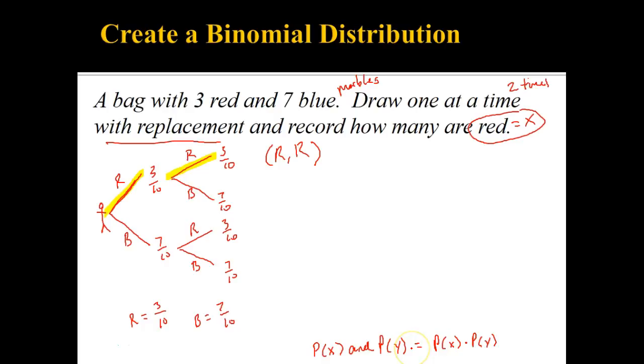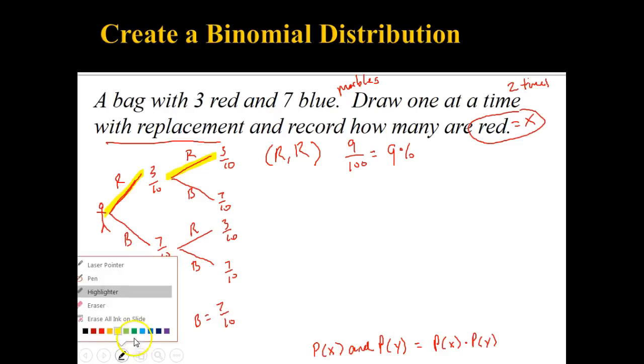Because the probability of drawing a red the first time and drawing a red the second time is the probability of each multiplied together. So 3/10 times 3/10, which is 9/100, or 9%.